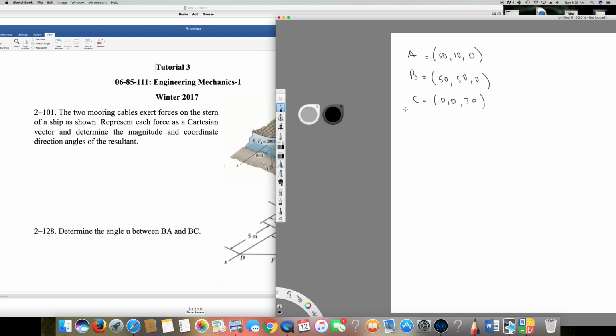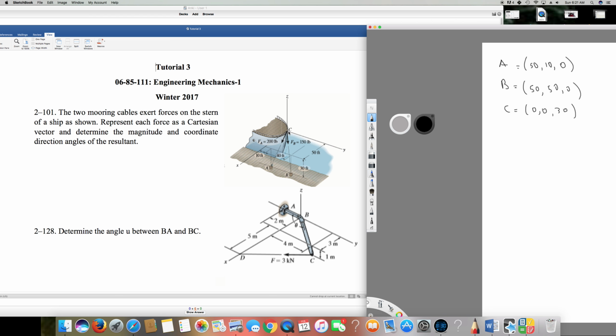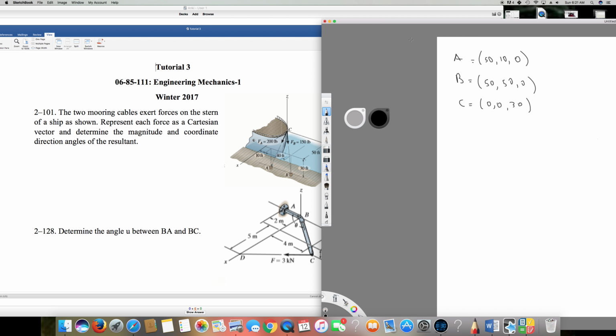unit vector. So it's going to be u. This is going from C to A, so it's going to be UCA, or you can use UAC. It's the same either way, but since this is going from C to A, I'm going to use UCA.